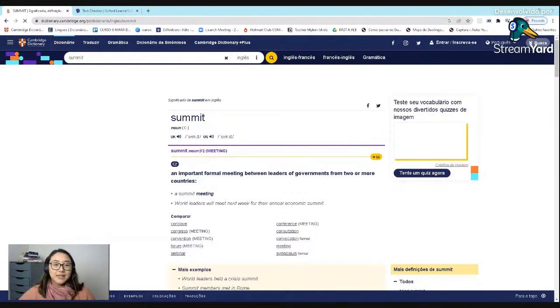Ah, teacher, but does that mean that anytime that I want to say meeting, I should use summit? No, because a summit is an important formal meeting between leaders of governments. Can you see? Summit has a more specific meaning. And this is something interesting about advanced level words.